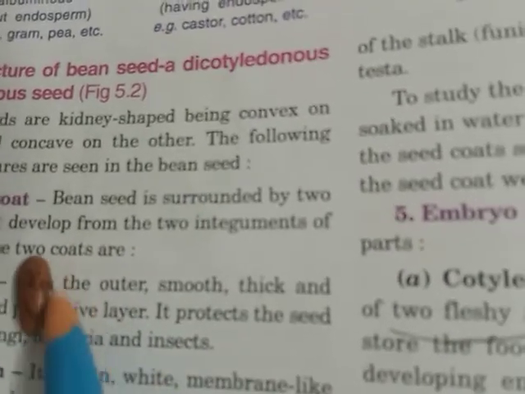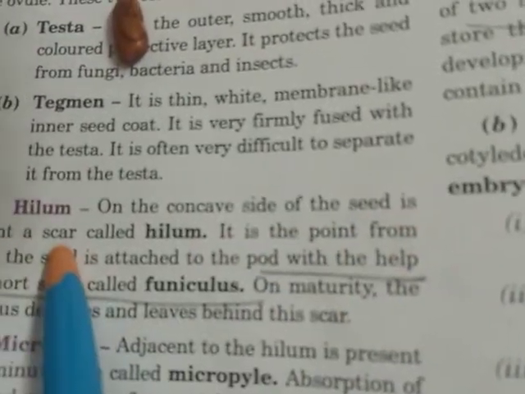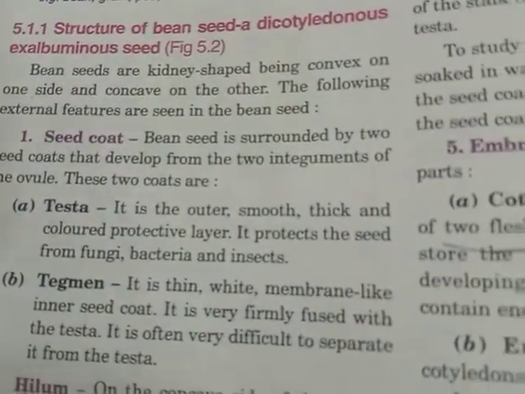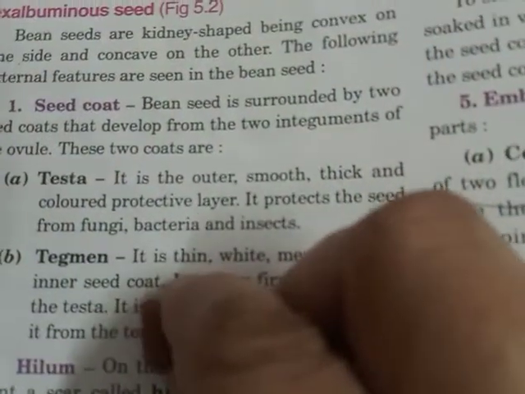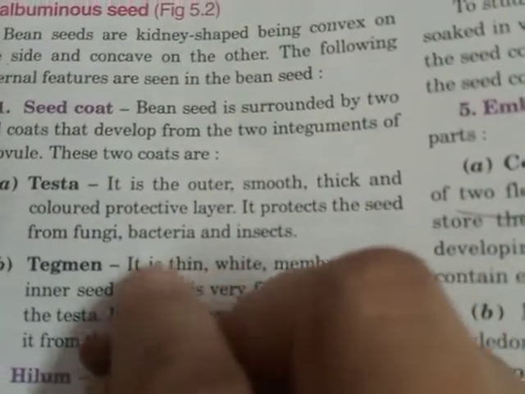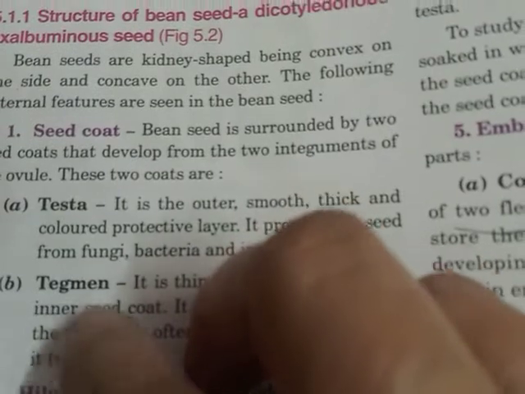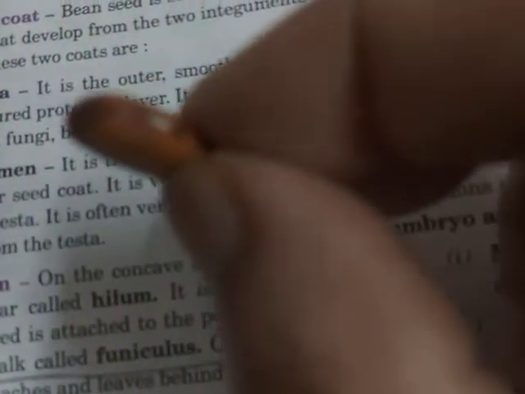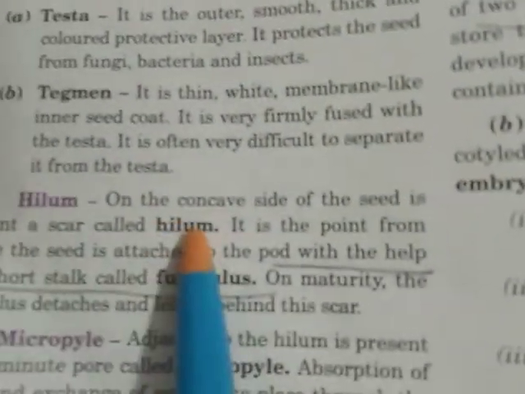Now you can see here, on the concave side of the seed is present a scar called hilum. You can see this white structure, this one. This is a scar, and this scar is known as a hilum.